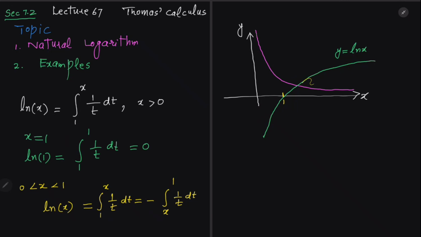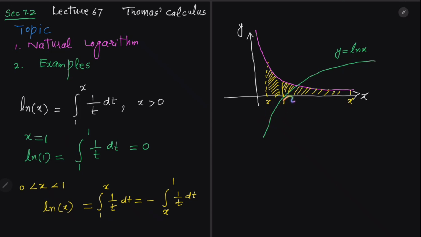Okay, so from 1 to x, the area is positive, and when x is between 0 and 1, the answer for natural log of x is negative. The area of natural log of x will be negative.